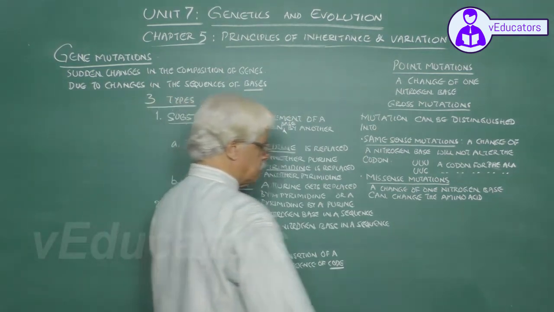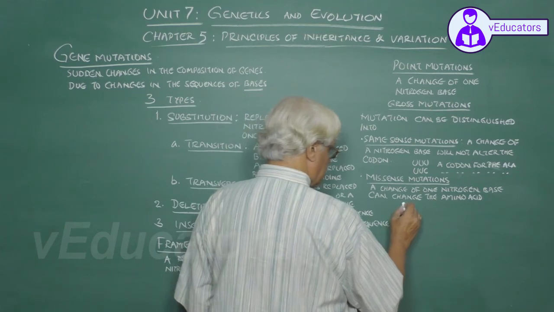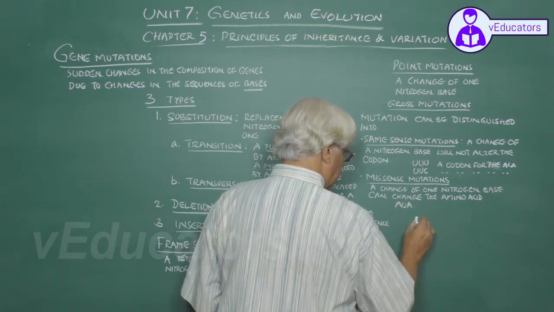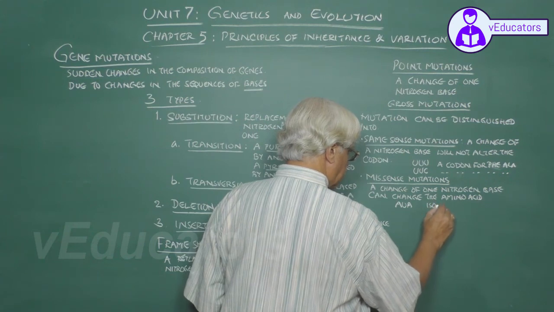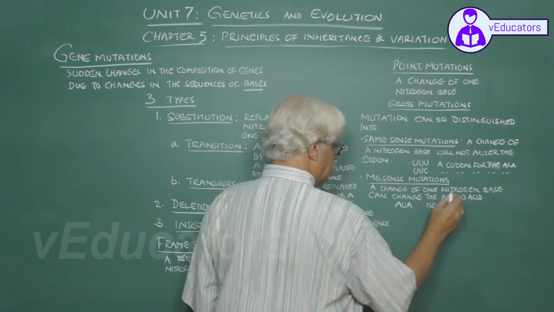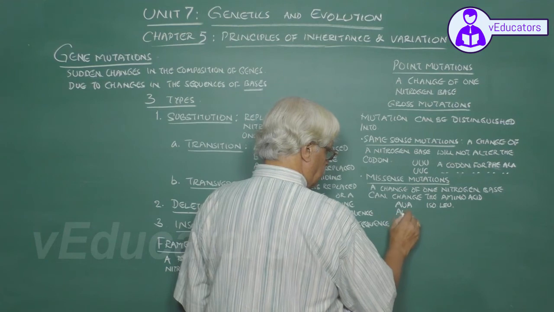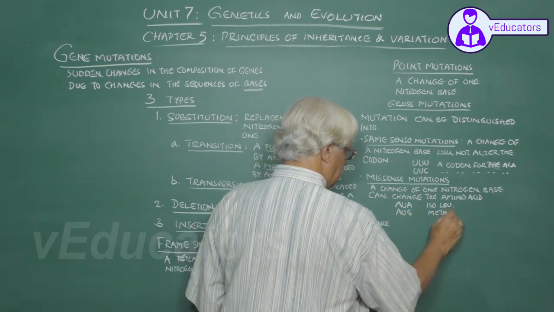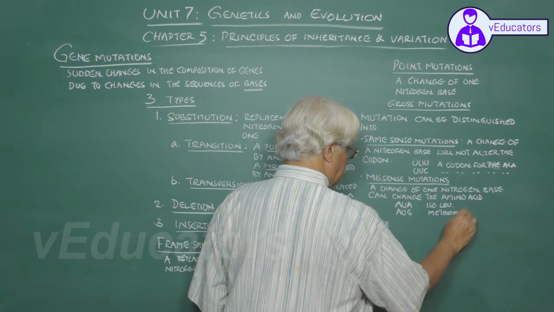For example, AUA is a codon for isoleucine. AUG is a codon for methionine.